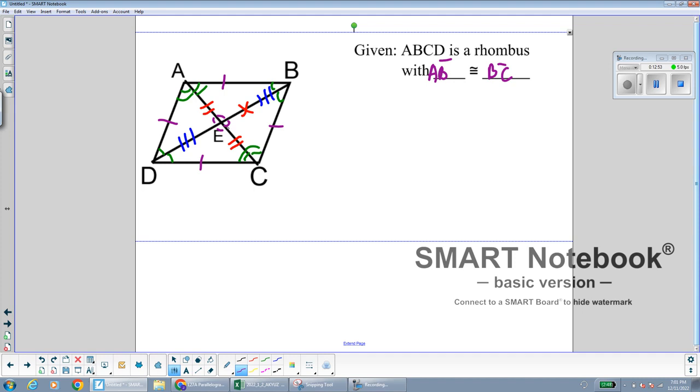So all of these angles here in the middle, where the diagonals intersect, are actually right angles. And remember our special word for lines that intersect to form right angles, we call them perpendicular. So we have just shown here that the diagonals of a rhombus are perpendicular to each other.